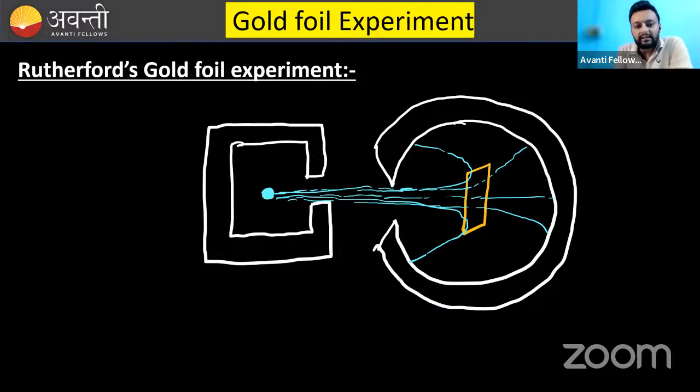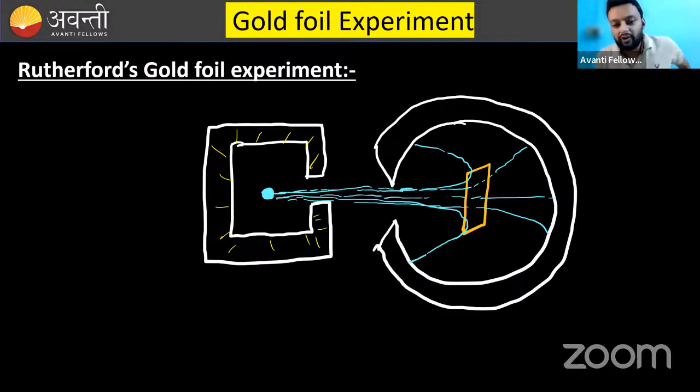This is a chamber of glass in which a radioactive substance is placed from which alpha particles are emitted. These alpha particles are striking a gold foil.